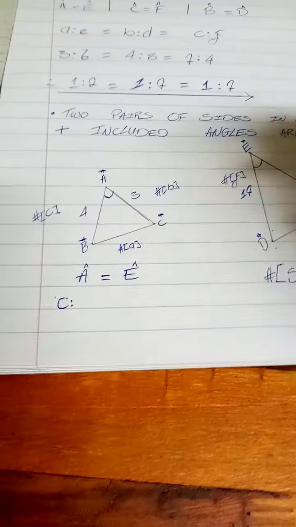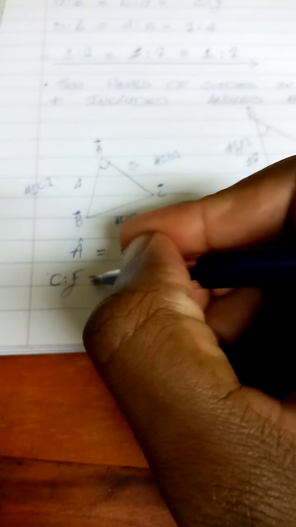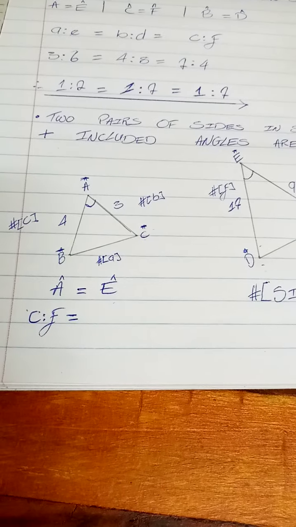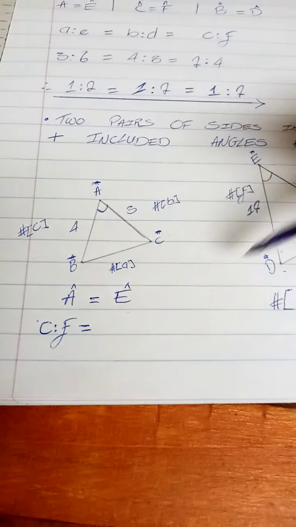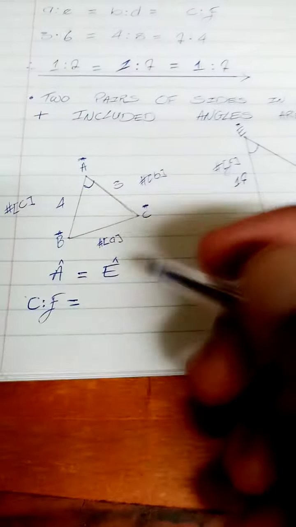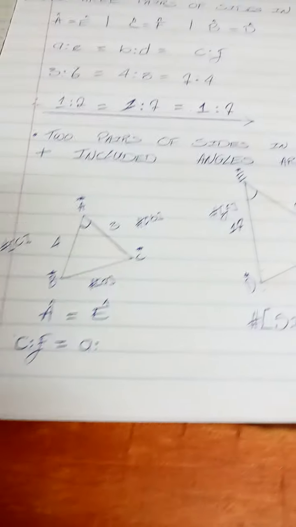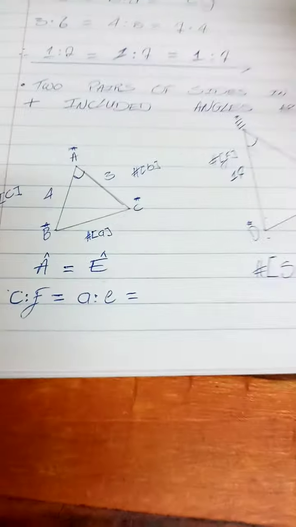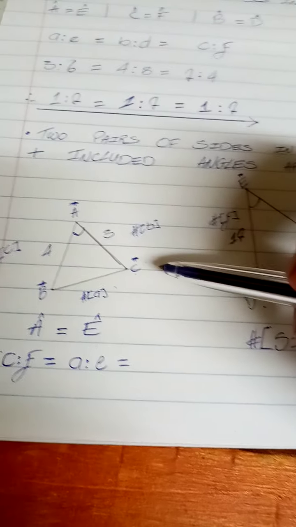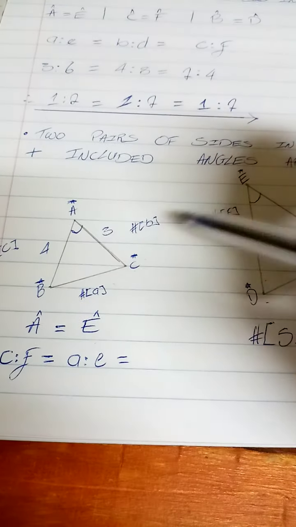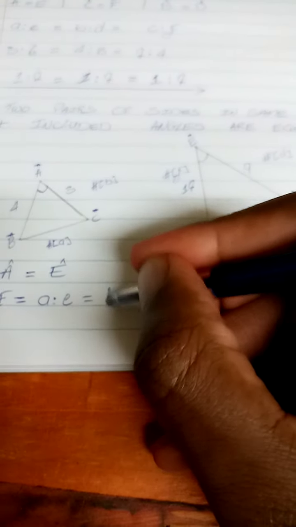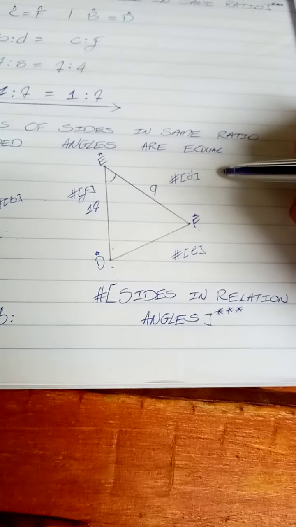So how we would do this is C, this means the ratio of C to the ratio of F should be equal to the ratio of A to the ratio of E, which is equal to the ratio of B to the ratio of D.